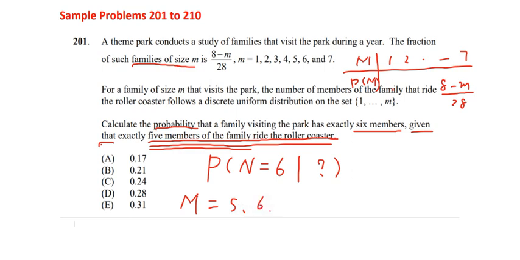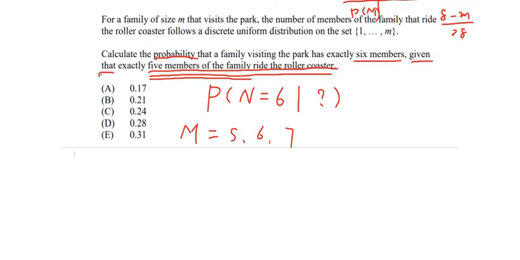We have these 3 cases. If m equals 5, the probability is (8 minus 5) over 28, and then all those 5 just play the game. So what is this probability?